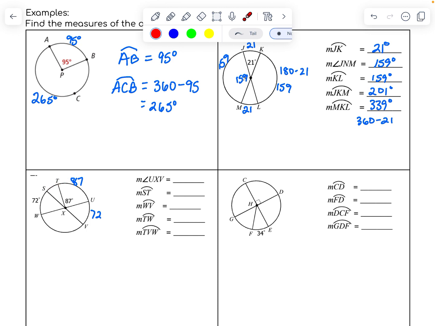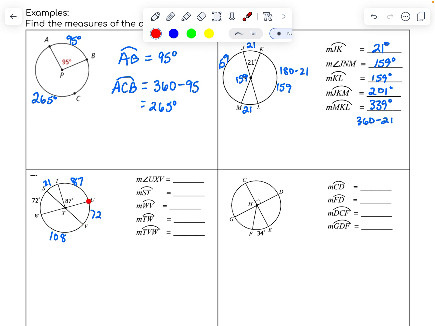So if we go 180 minus 87 minus 72, that's this little part right here. And then we can find the last part by taking 180 minus 72, will give us this part of 108, because this is a semicircle. Now you can kind of fill in your pieces.